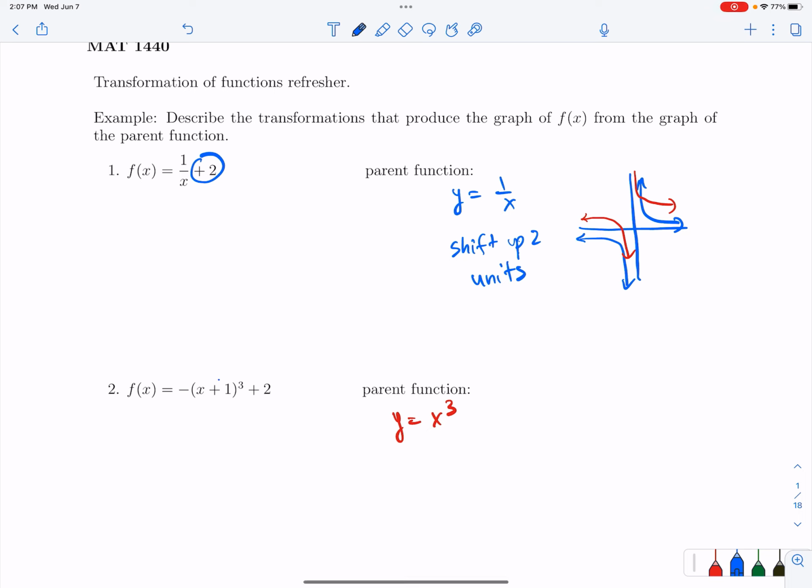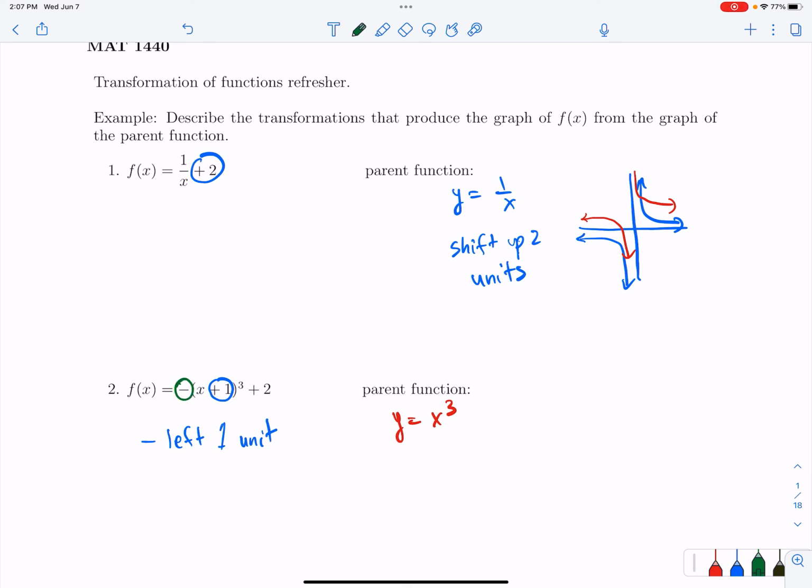So the first thing I'll do is I'll look at this plus 1. That is a horizontal shift. Any horizontal transformation is kind of the opposite of what we would expect it to be. So this is a plus 1 horizontally. So this is going to be left 1 unit. Next, we have this negative value here.